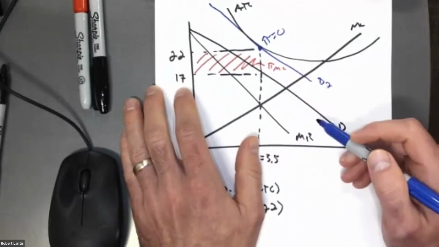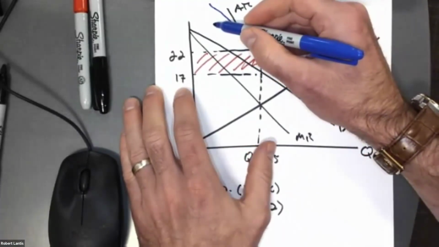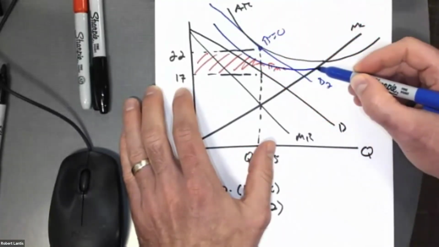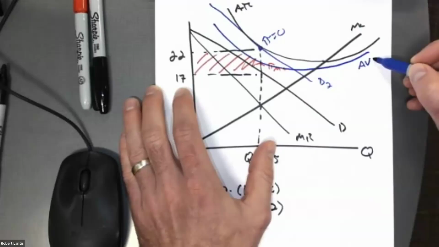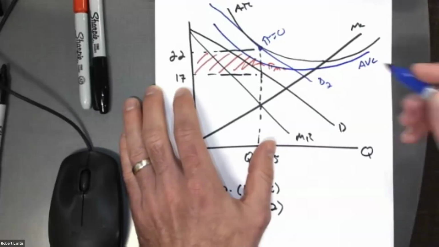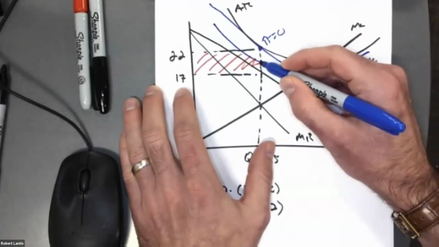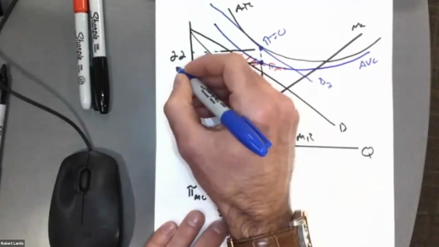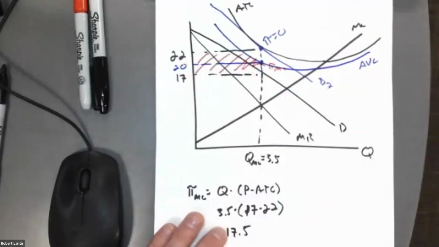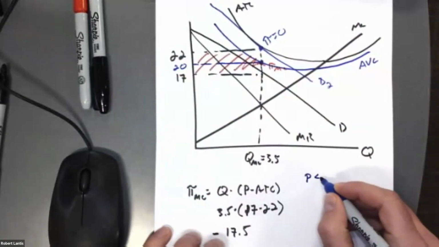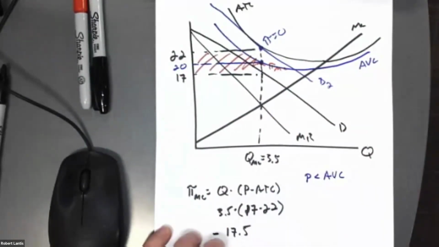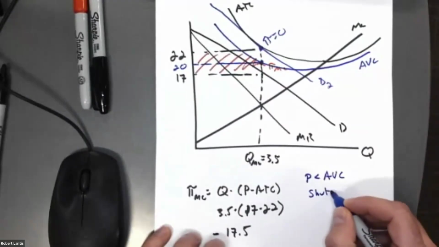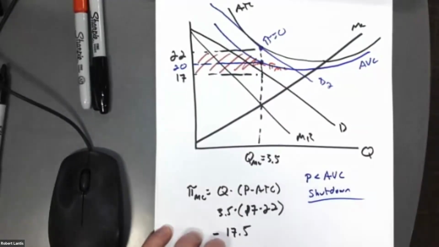We know it's below average total cost here, but what if I had average variable cost also drawn in? If price is below average variable cost at this point, so I'll just put a number to it, let's say this was 20, right? Well, if price is ever below my average variable cost, what should the firm do to maximize profits or minimize losses?